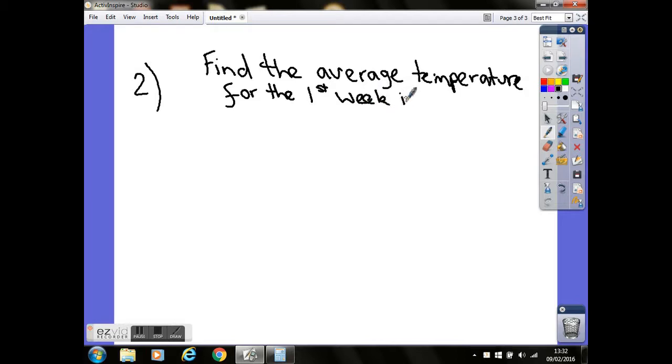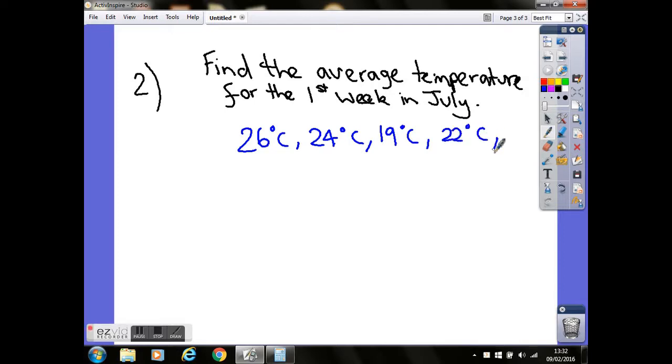And again, we're going to need some values in order to work this out, which will be given to you in the question. So for those, we're going to use 26 degrees C, 24 degrees C, 19 degrees C, 22 degrees C, 24 degrees C again, 25 degrees C, and finally 27 degrees C.